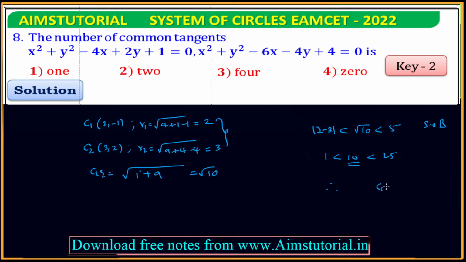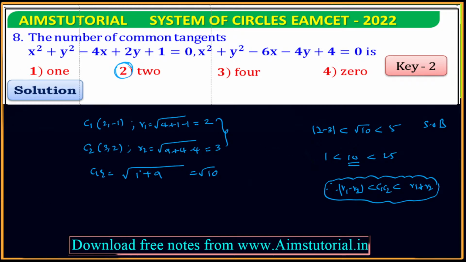This means the distance between the centers is greater than mod R1 minus R2 and less than R1 plus R2, which means the two circles intersect each other. If two circles intersect each other, we can draw two common tangents. The number of common tangents is 2.